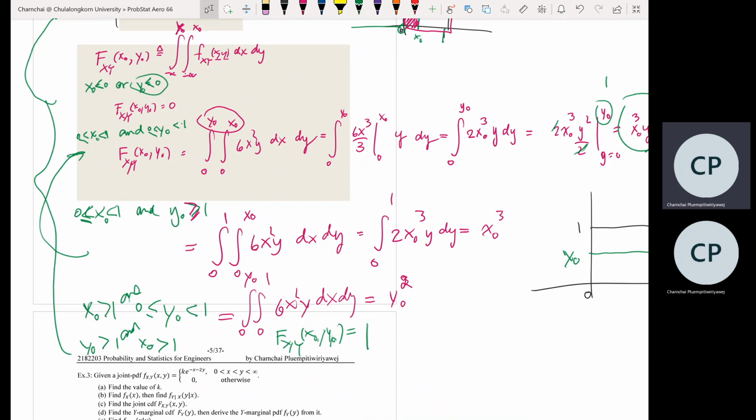Let's check the answer. So this is an answer. F of x, y, the joint CDF of x, y. I can get rid of the naught. x naught becomes just x, y naught becomes just y.